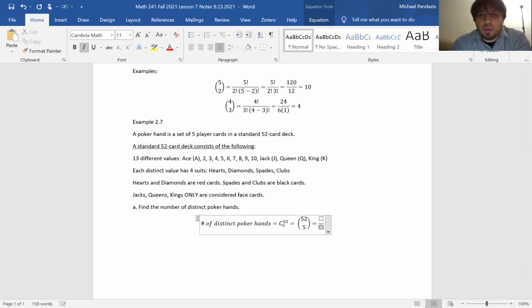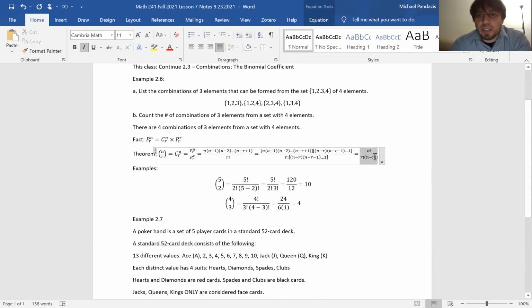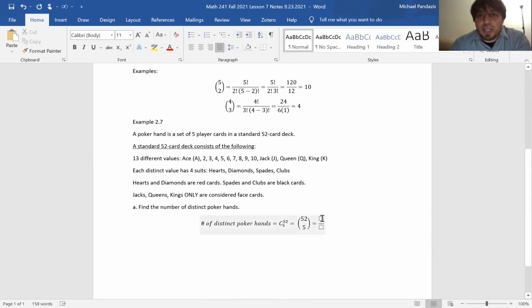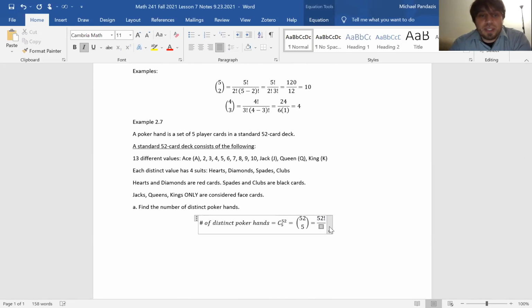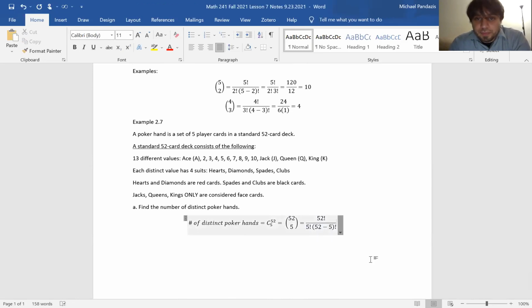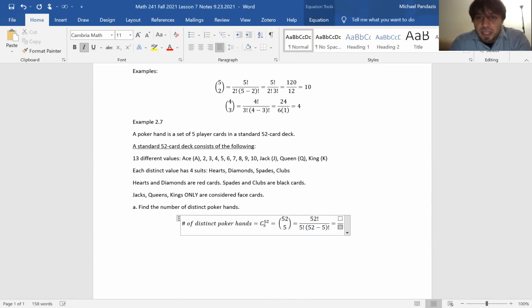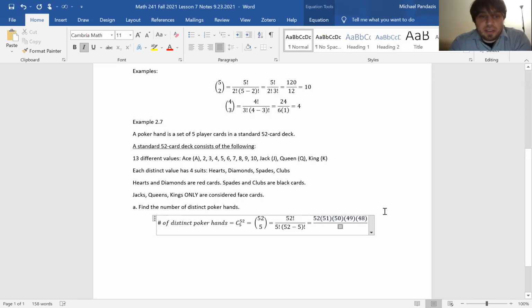And then we just use the formula that I wrote down. You get n factorial, which is 52 factorial, divided by r factorial, which is 5 factorial, times 52 minus 5 factorial. Even though we write the expression this way, the easier way to calculate it would be 52 times 51 times 50 times 49 times 48 divided by 5 factorial.